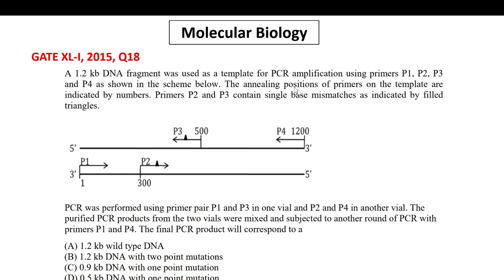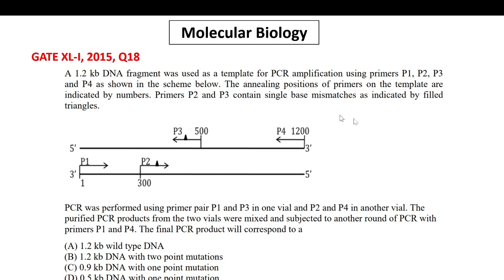After the PCR is done, they have purified the PCR product, and the products from the two vials were mixed and subjected to another round of PCR with primers P1 and P4. So the product of PCR 1 containing the primers P1 and P3 is mixed with the product of PCR 2, where the amplification occurred by the use of P2 and P4.